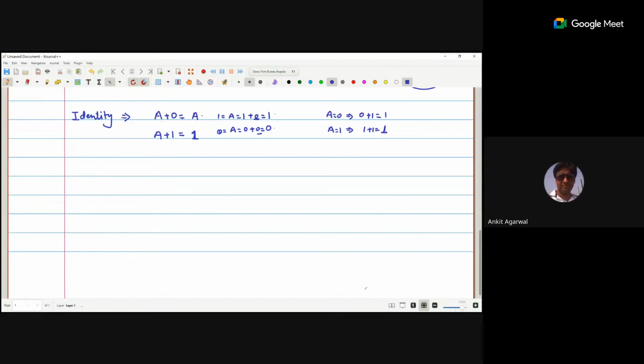This plus basically represents the OR gate, not addition. When we add the same variable, we also get the same variable.